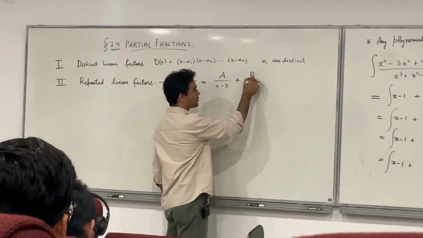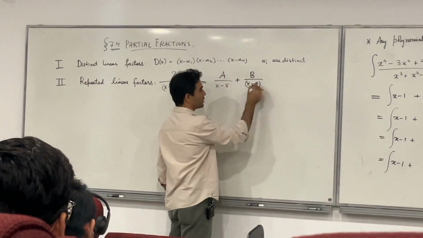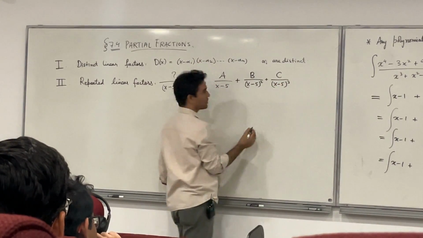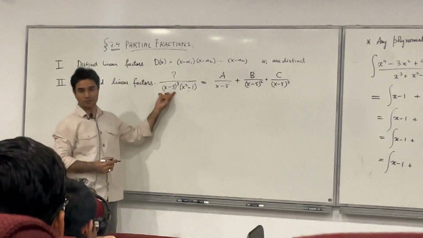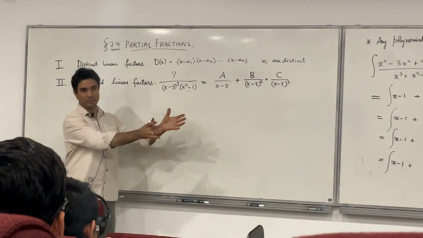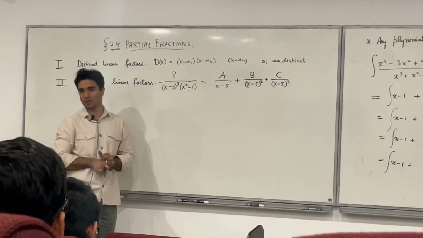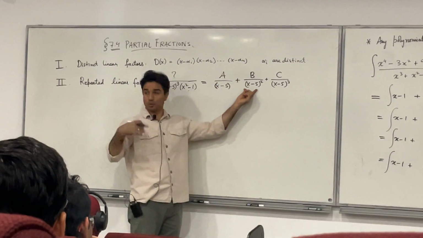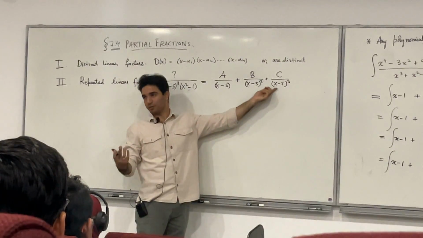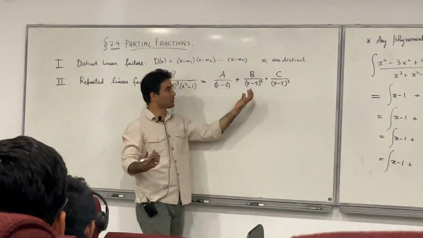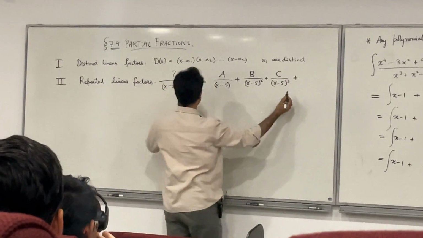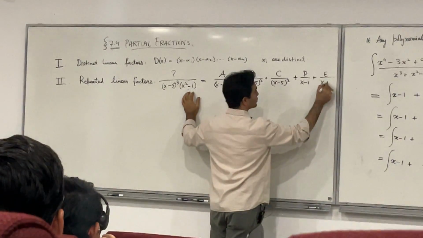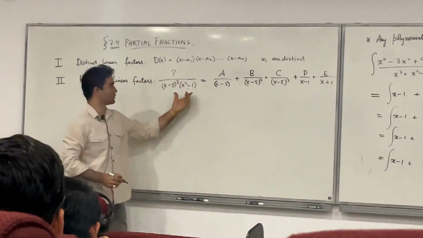The next constant should be over x minus 5 squared. The next constant should be over x minus 5 cubed. Because it was a cubed factor, it gets 3 pieces. One with just x minus 5, the other with x minus 5 squared, and the third with x minus 5 cubed. And there is a plus this term, right? Something over x minus 1 plus something over x plus 1. So that would be the complete decomposition of this expression.